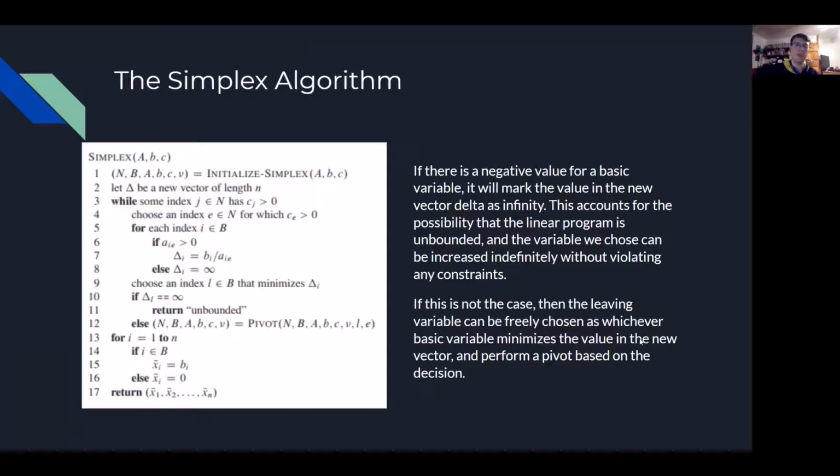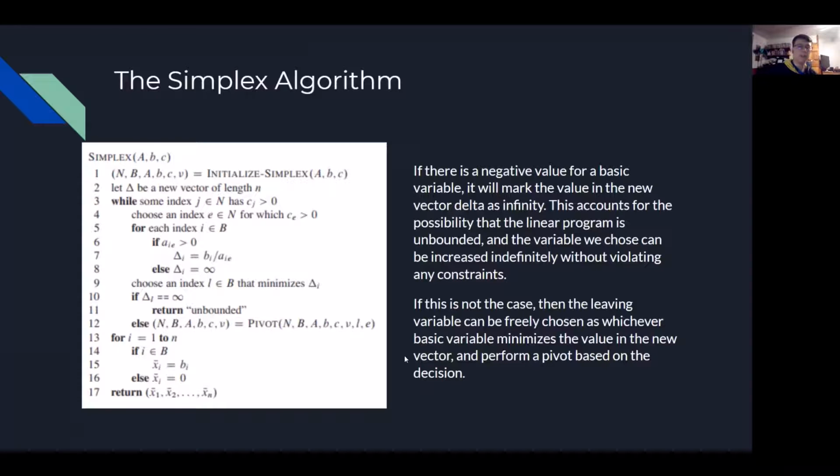And if it does find a negative value for that variable, it will mark the value in the new vector delta as infinity. And what this does is it accounts for the possibility that the linear program is unbounded. And that happens when you have a variable that can increase to infinity without ever violating any constraints.